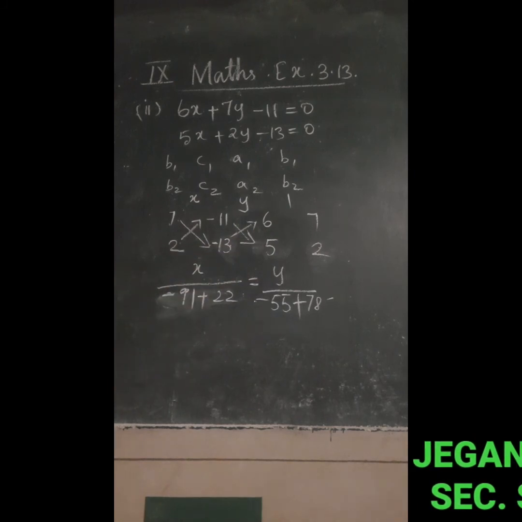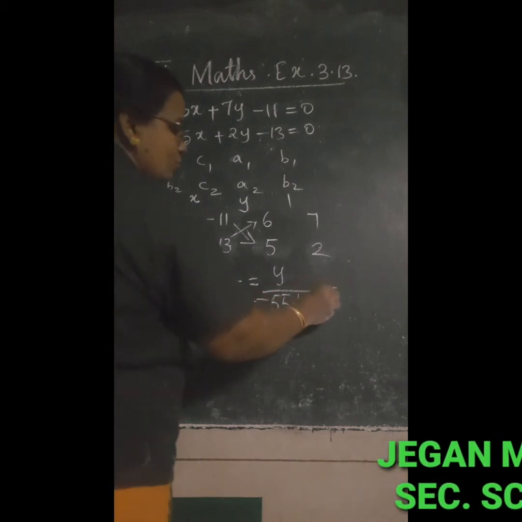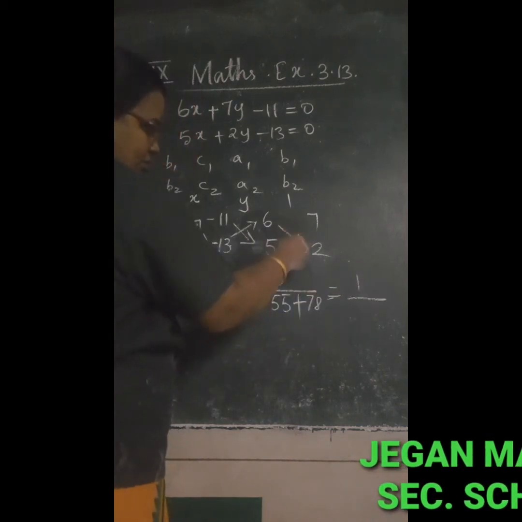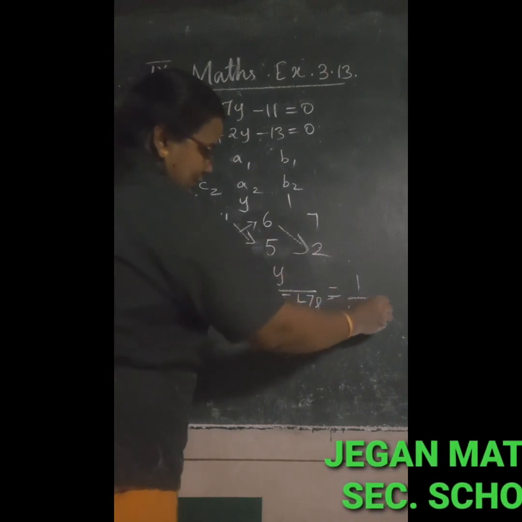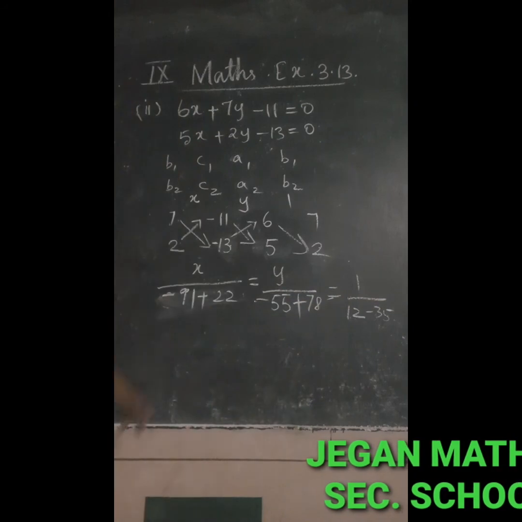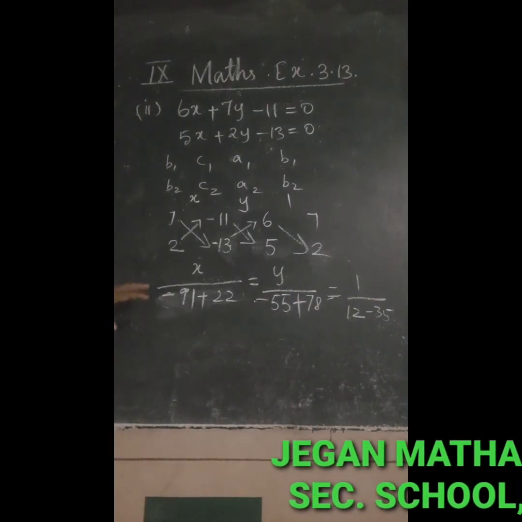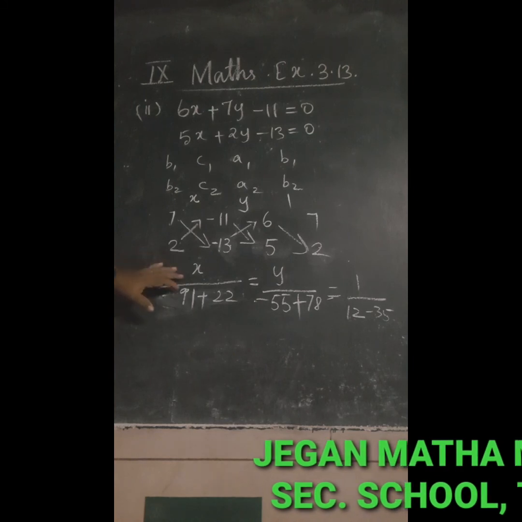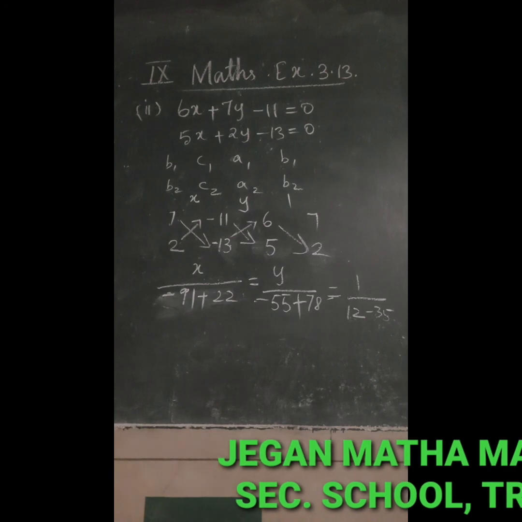Next one, cross multiply, that is equal to 1 divided by 6 2s are 12, minus 35, so minus 23. Okay. So compare the x term to the constant term. Let us see how to compare this one.